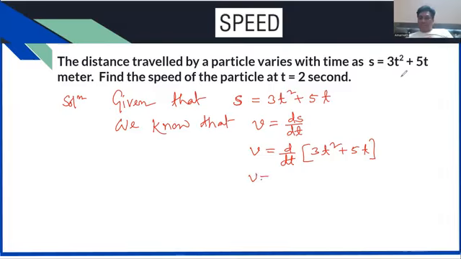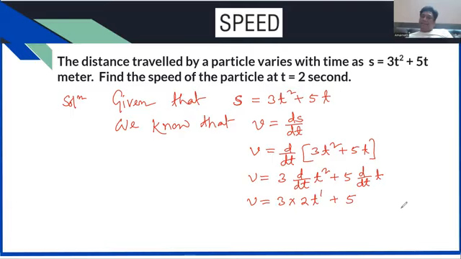So speed equal to 3 times d by dt of t square plus 5 times d by dt of t. The speed equal to 3 times t square differentiation is 2 into t to the power 1, because you know that differentiation of t to the power n is n t to the power n minus 1.